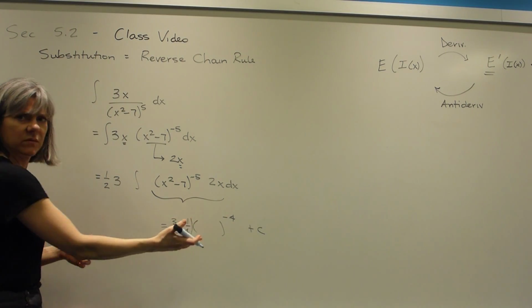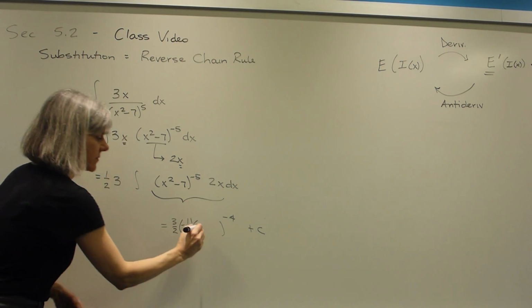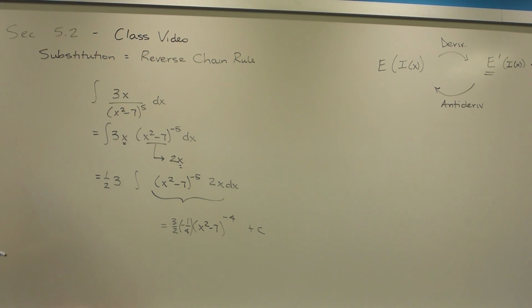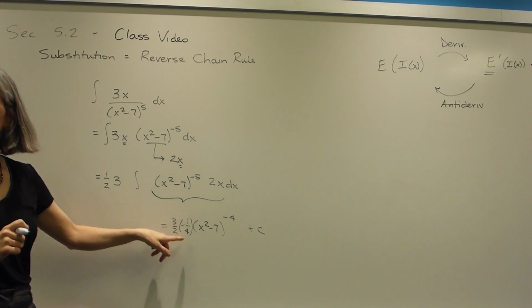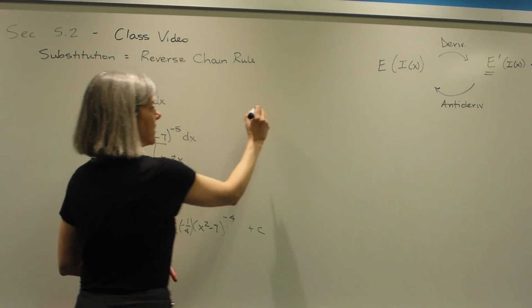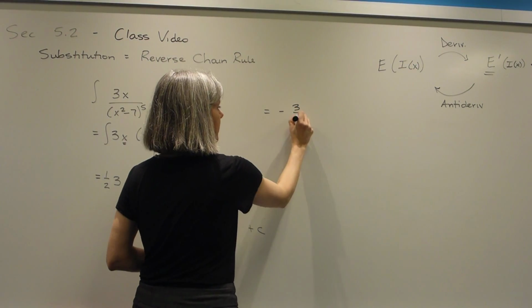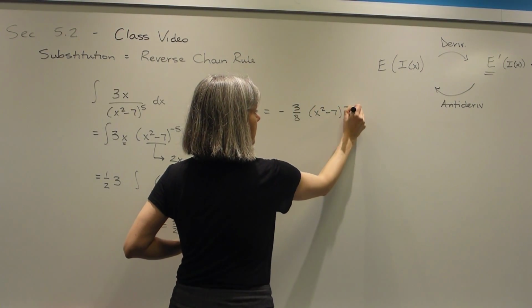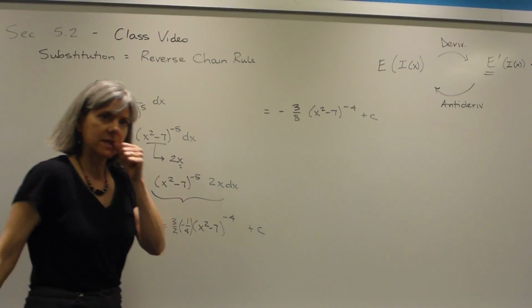So what goes in the middle? The middle stays the middle. Now we've got to clean up. Minus 3/8, I think. So we get for our final answer, minus 3/8 x squared minus 7 to the minus 4 plus c.